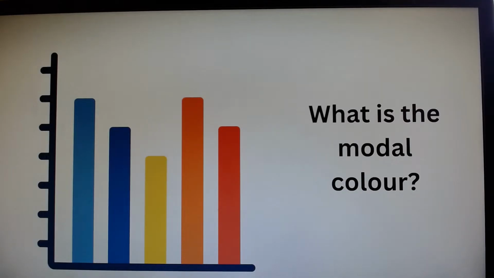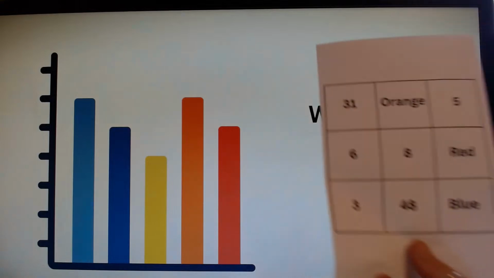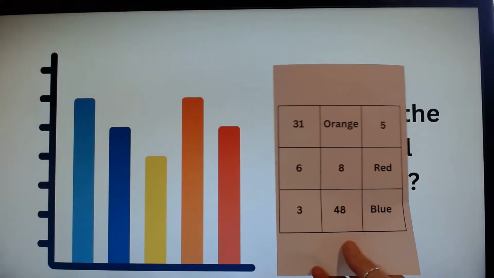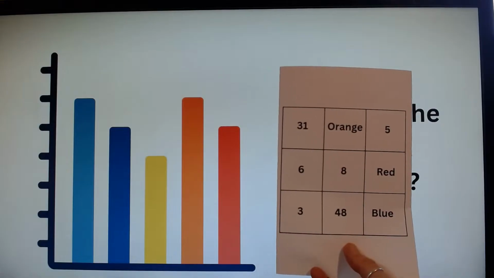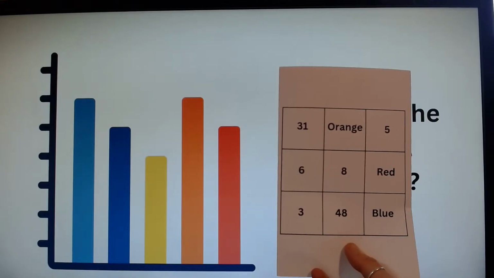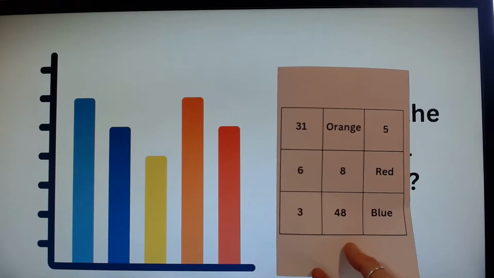Have a good look at the bar chart, and then I'm going to show you the options for answers. They're your options: 31, orange. 5, 6, 8, red. 3, 48, blue. And if you think there's more than one answer, do cross off more than one. Hint, hint, nudge, nudge.